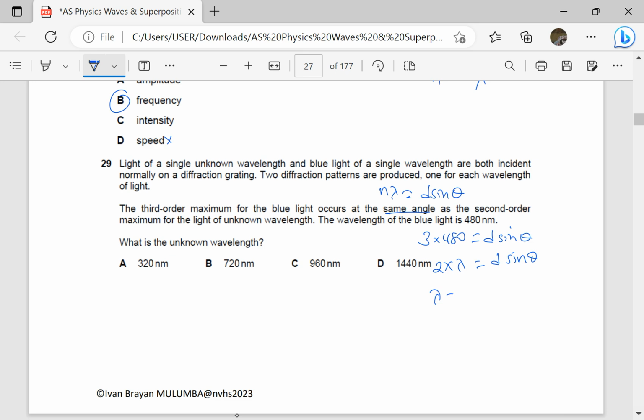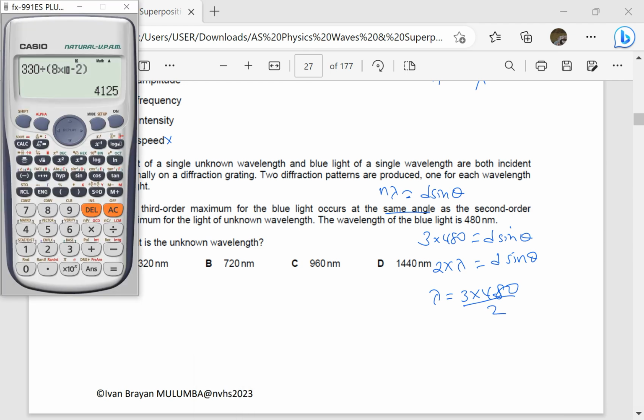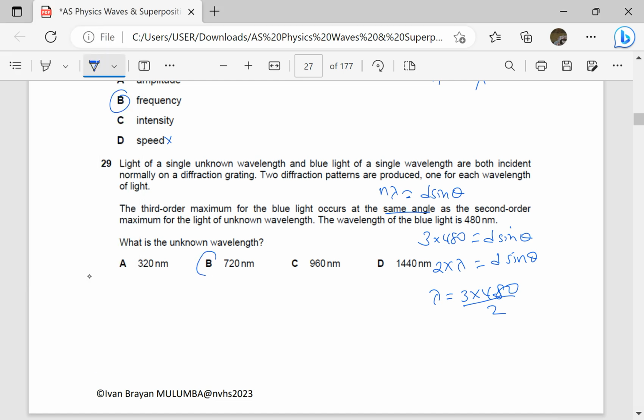That means lambda is going to be equal to 3 times 480 divided by 2 when I make lambda the subject. 3 times 480 divided by 2 gives me 720. So the answer is 720 nanometers.